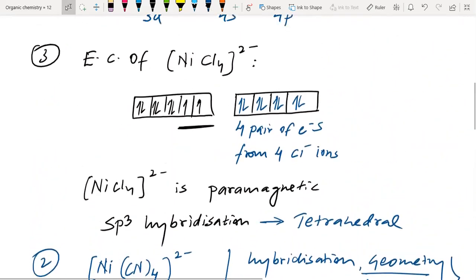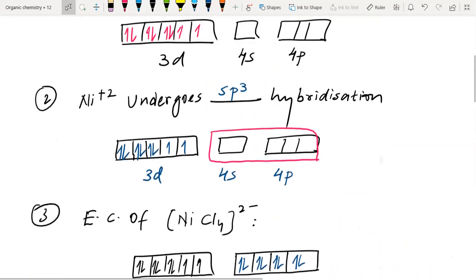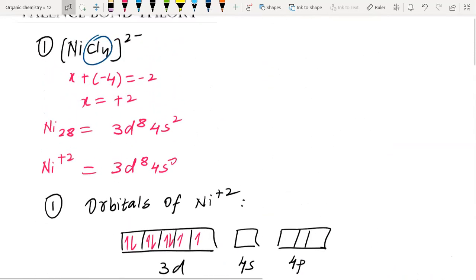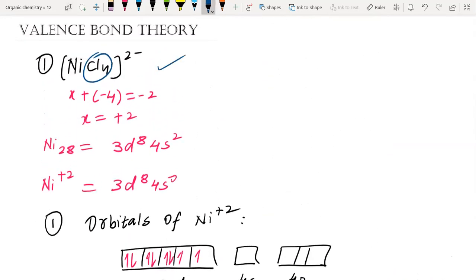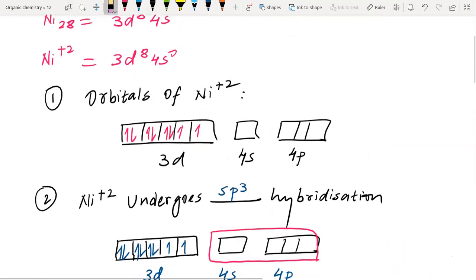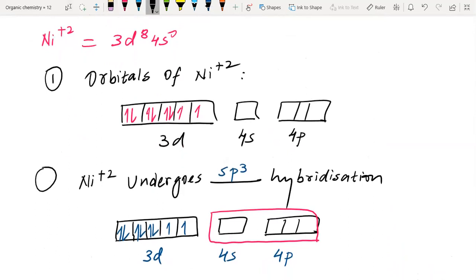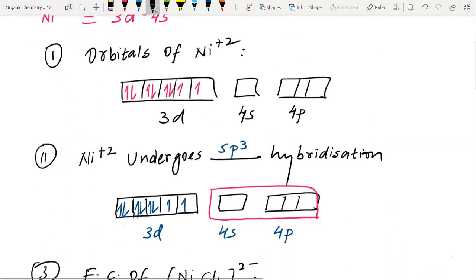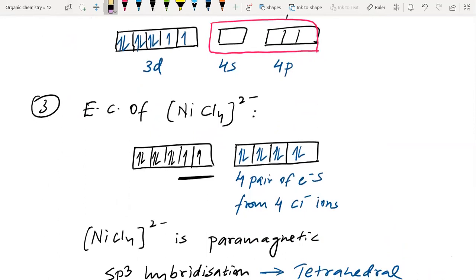So 2 examples we did here for valence bond theory. We started with the very first complex here, and then we saw this second one also.